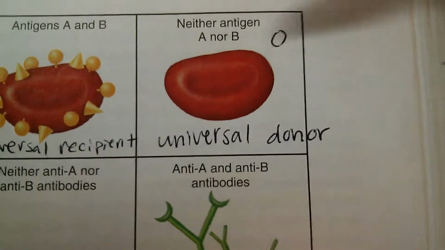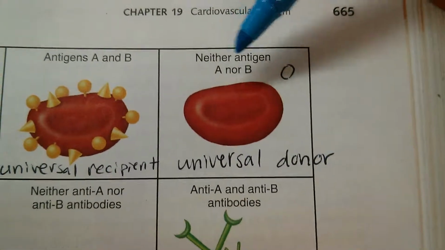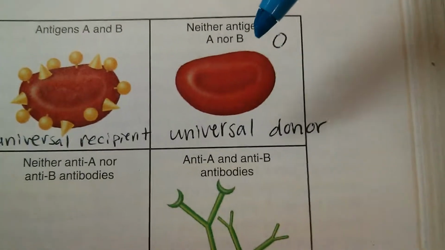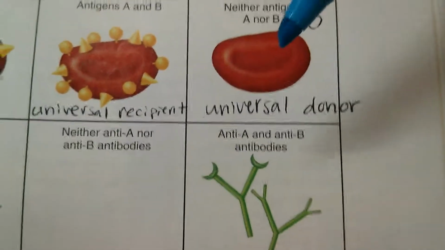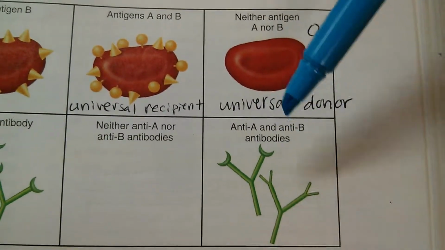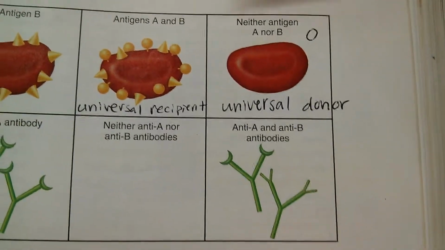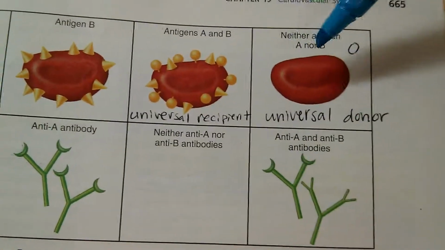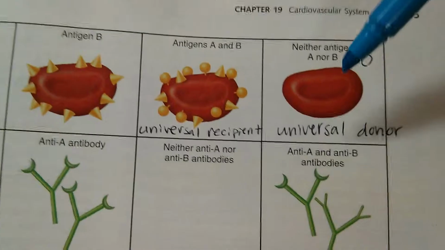Now we get to what's called type O. They put here neither A nor B. This person doesn't have either one of those antigens. It doesn't have circles or triangles. So an interesting thing here is that in their bloodstream they're going to have antibodies against A and B. Because if any red blood cell comes in that has any antigens at all, it's going to be like, hey, we don't have any antigens, so they must be foreign invaders because they're different from ours.